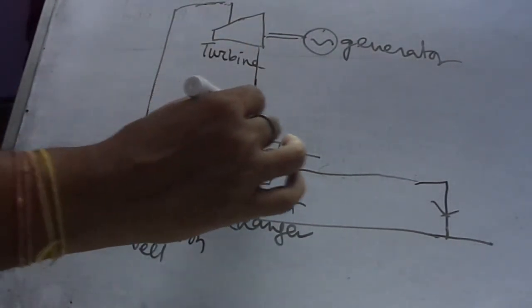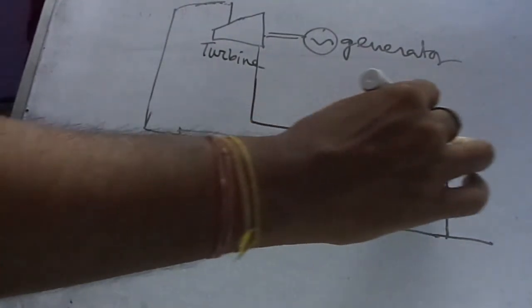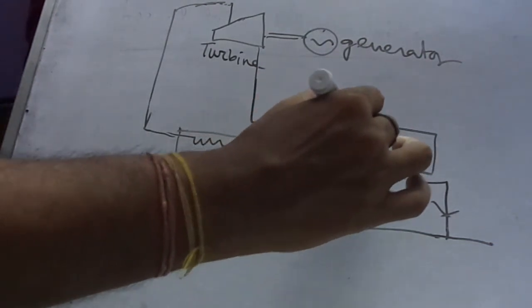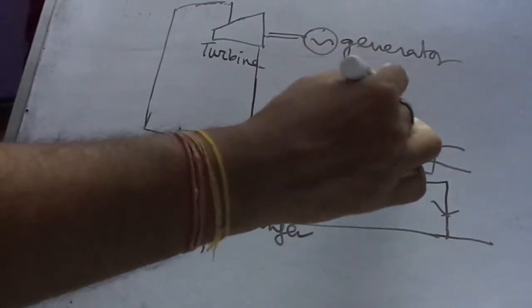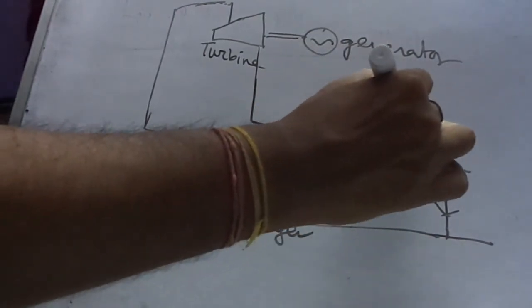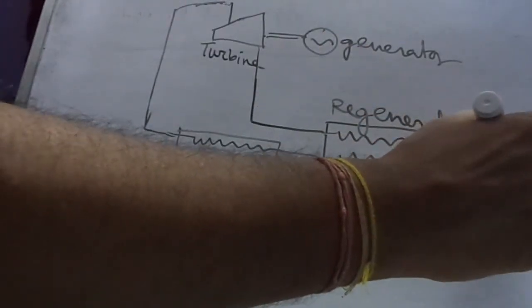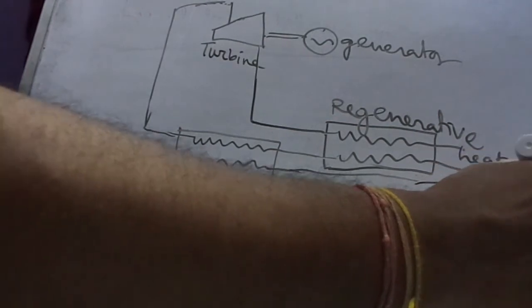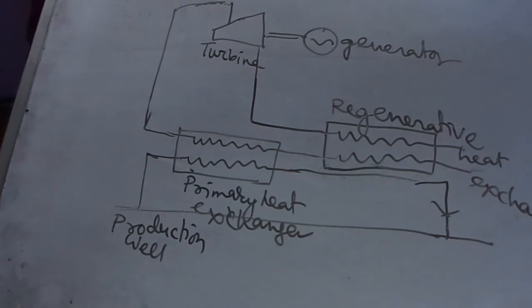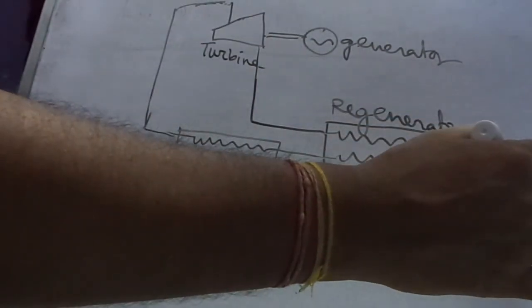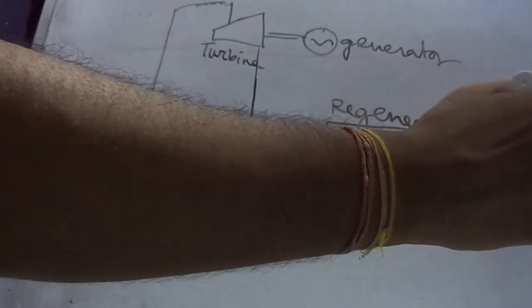That is the regenerative heat exchanger. One line then goes from here to the cooling tower.